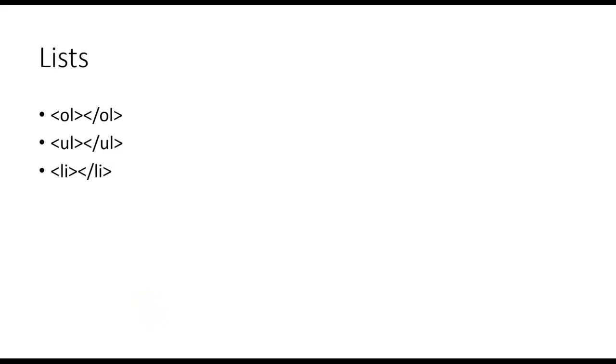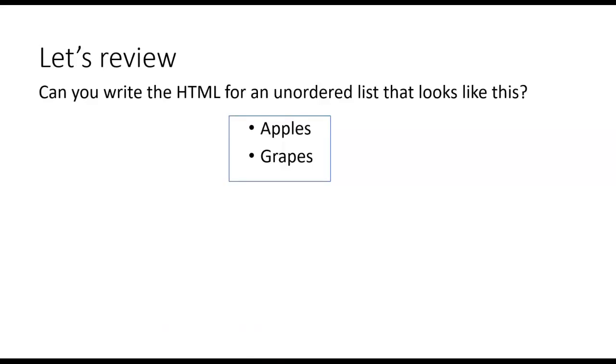I've already declared to you at length my love and admiration for the list tags. Let me just challenge you now with this little question. The box is here simply for the sake of presentation. Can you write the HTML for an unordered list that looks like this?